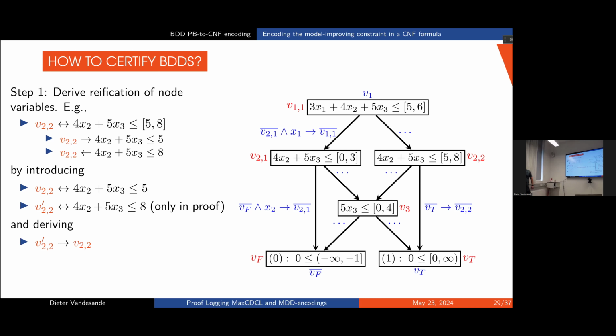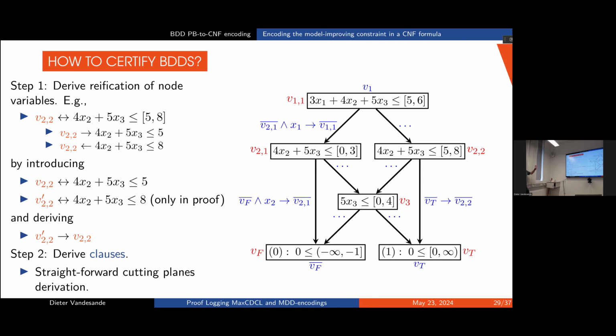And that one is only known in the proof. So that's nothing in the solver, but we will just use this one to actually prove that if this is true, then V22 is also true. And how will we do that? Well, we will just prove somehow that if V prime holds, then V holds.